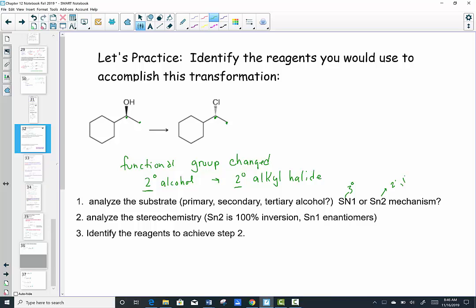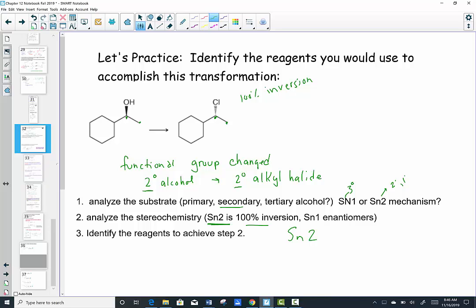It also works well for primary alkyl halides. And I also notice that the wedge on the alcohol is only showing the dash on the chlorine. So we have a 100% inversion of the chiral center. Both of those reasons are telling me that SN2 is going to be my mechanism of choice because I have a secondary alcohol and I have 100% inversion. That means I need an SN2 mechanism.